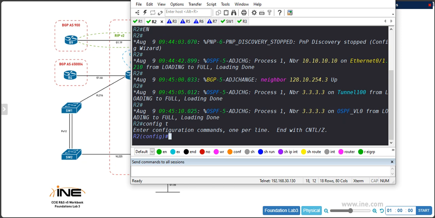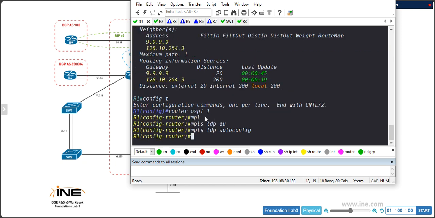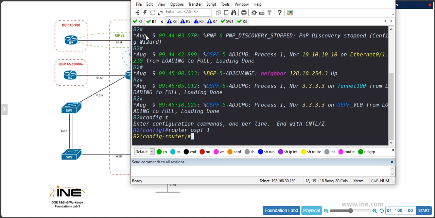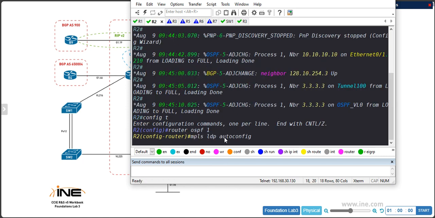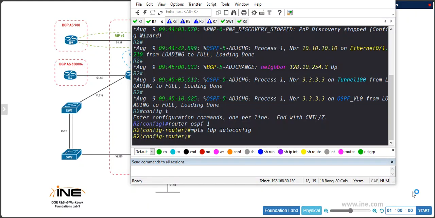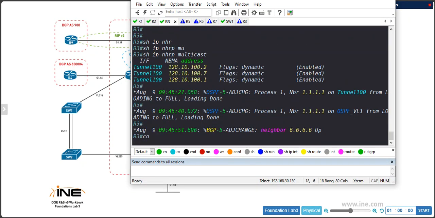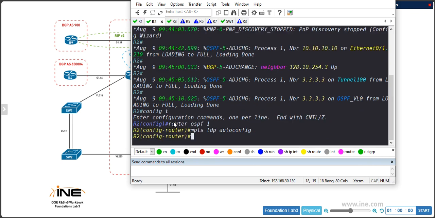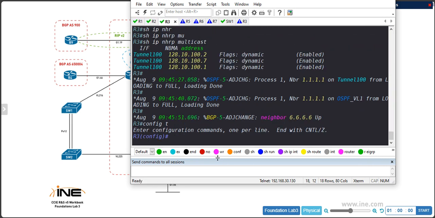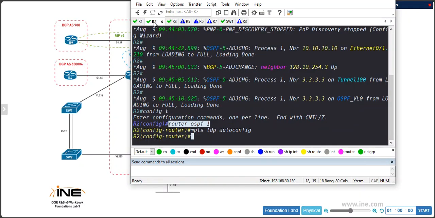Config t. This is the same as router ospf 1 and mpls ldp autoconfig. And config t, router ospf 1, mpls ldp autoconfig.